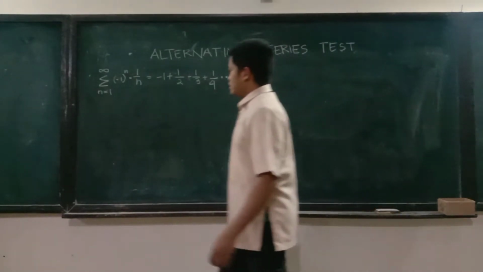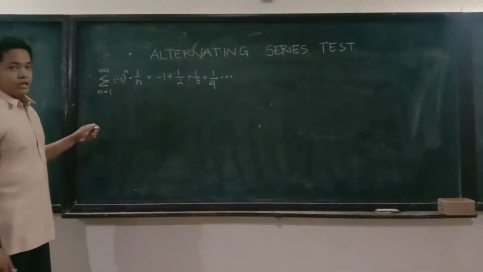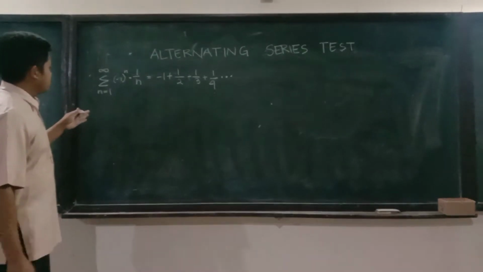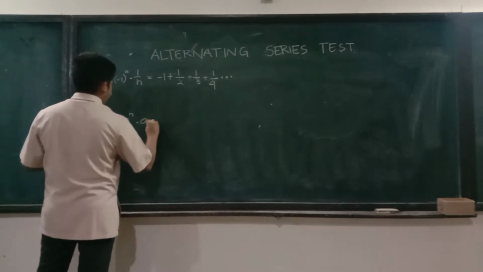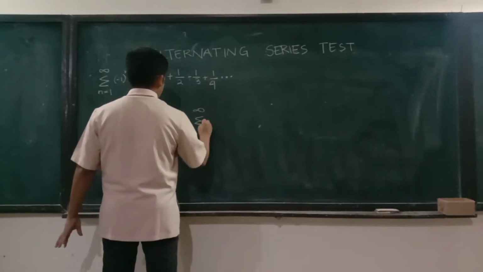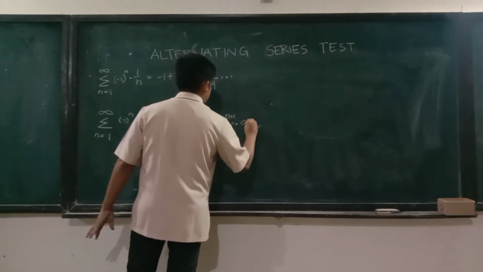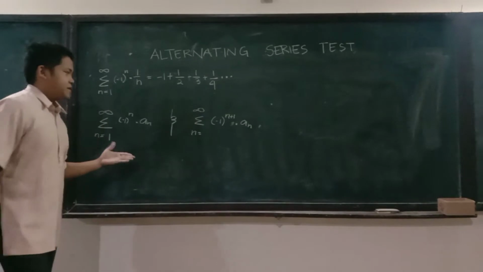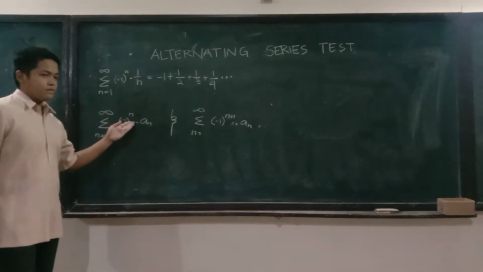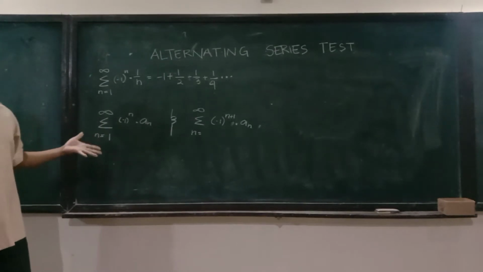The alternating series test follows two different formulas. The only difference between the two is the sign. The plus 1 indicates if it is positive or negative.